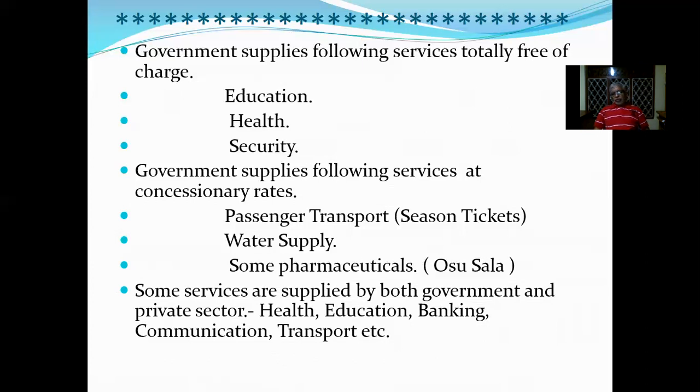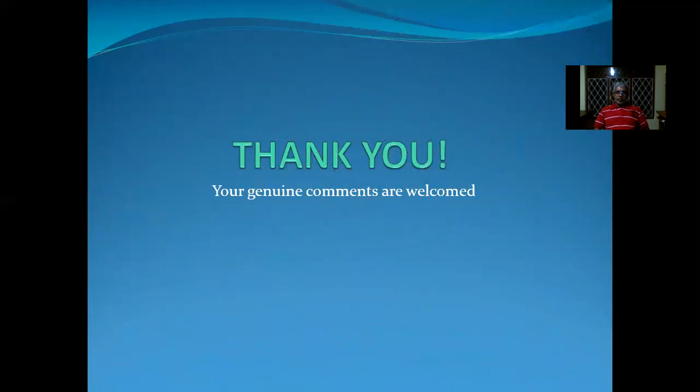But if you go to a private one, you will have to pay for all the services you receive. Other fields are also the same: education, government schools and international schools, banking also the same. Everywhere you will have to pay if it is supplied by the private sector. Right, children?